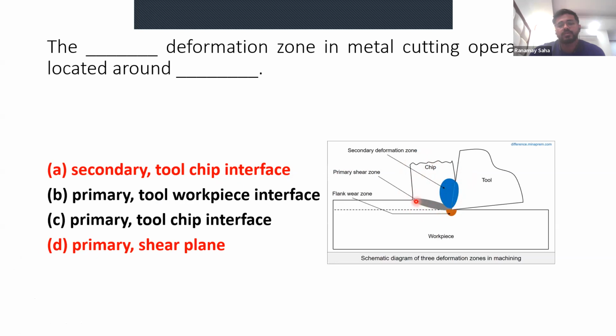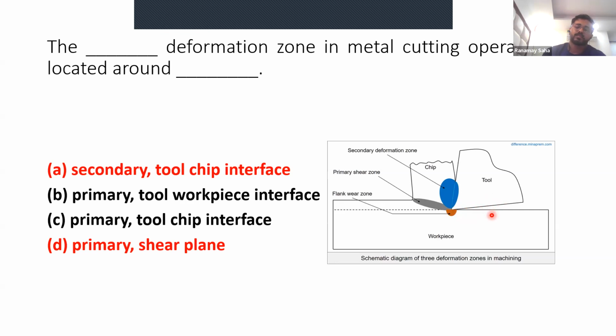And this one at the shear plane, along the shear plane, we have the primary deformation zone. Okay. And the red portion here, you can see that this is actually your flank wear zone, where it happens that the plastic deformation happening due to friction between the tool and that of the workpiece.